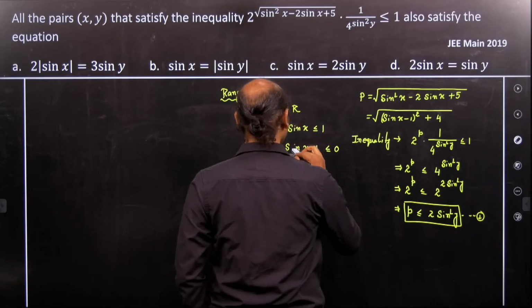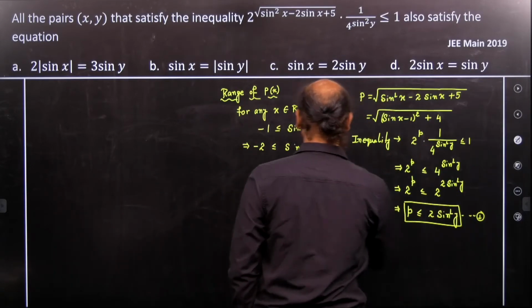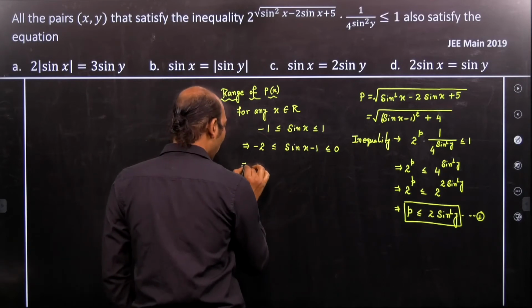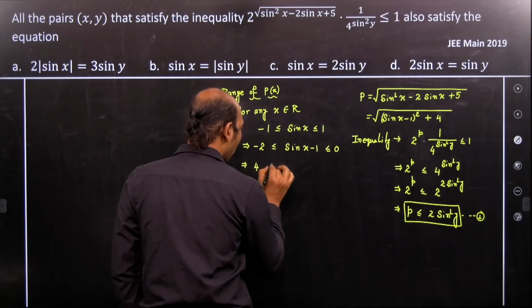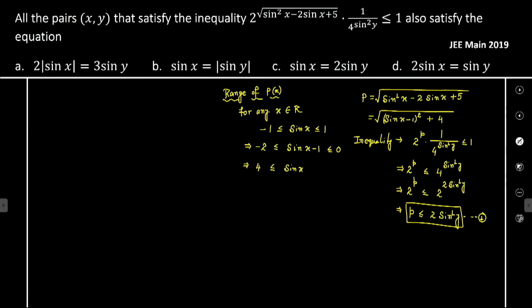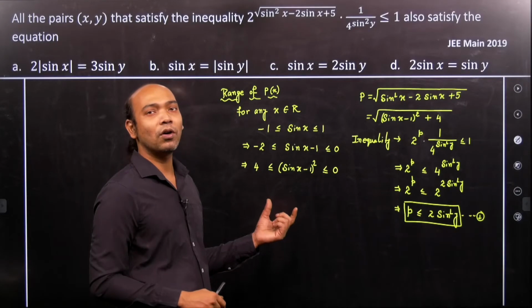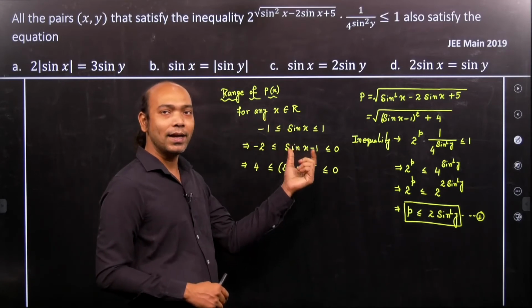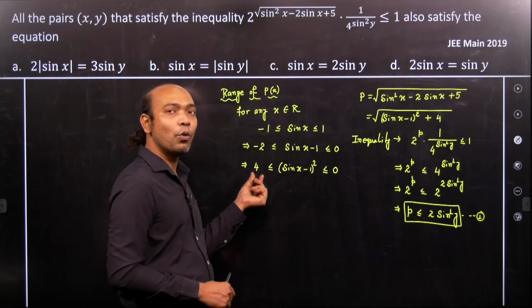So that's it. Let's go ahead. So now we have to square them up. So this gives you 4 less than equal to sine x minus 1 whole square less than equal to 0. Now see that this is not the true inequality, right? Because whenever I squared it, we get 4 here, 0 here.